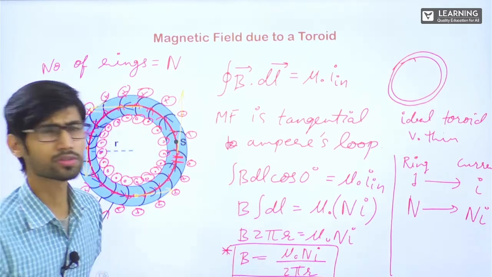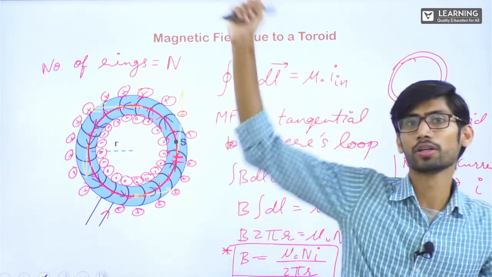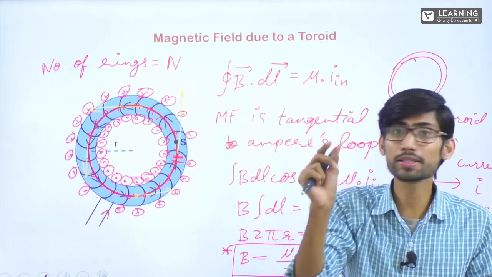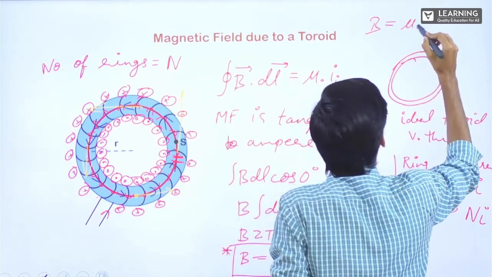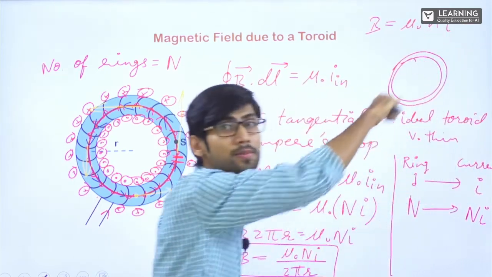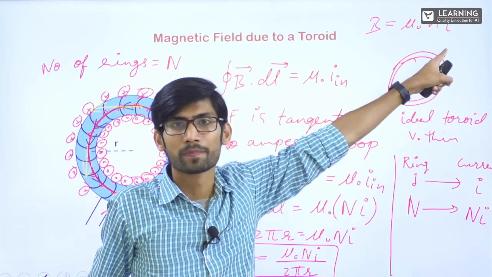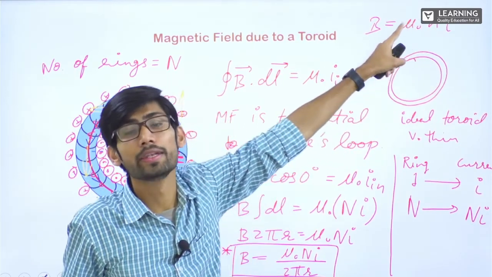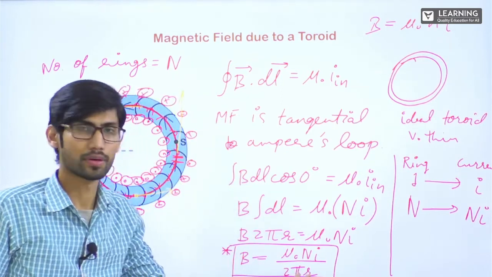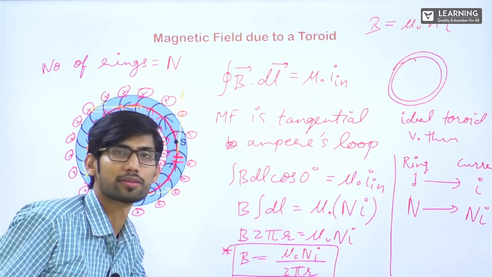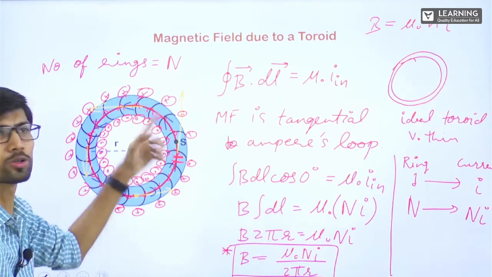See again, if you start comparing it with the solenoid, B for a solenoid is equal to mu naught n I, where this n was the number of rings per unit length. Total length of this toroid is how much? 2 pi r.